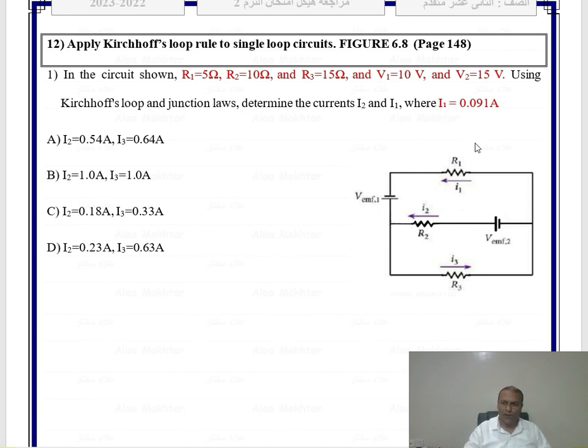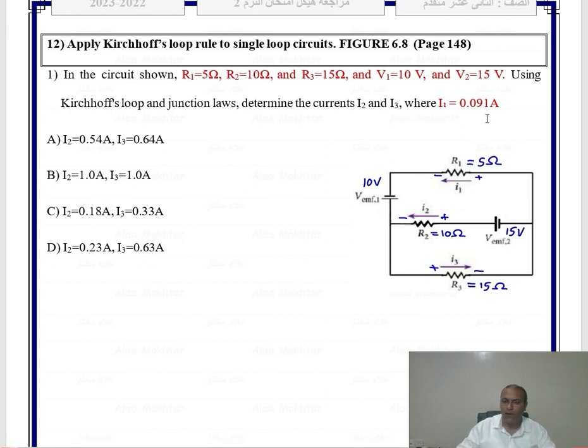In the circuit shown, R1 equals 5 ohm, R2 equals 10 ohm, R3 is 15, V1 is 10, V2 is 15 volt. The current moves in this direction, positive and negative. Using Kirchhoff's loop and junction laws, determine the currents I2 and I3.